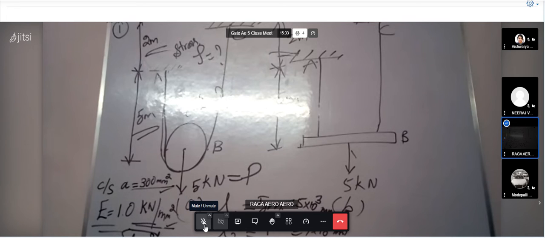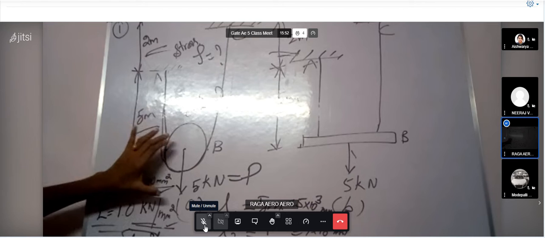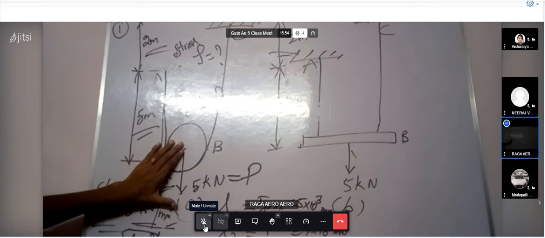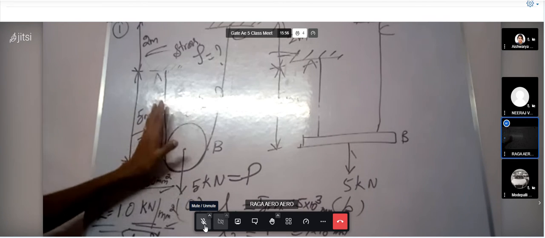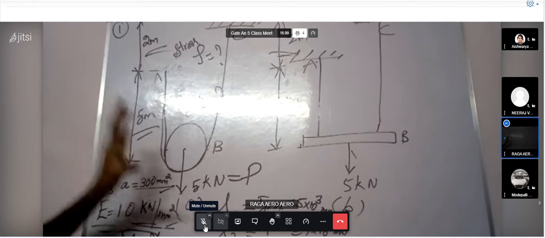So load, here the load is given. What was your load? 5. Okay, so what I told, that is equally shared. Equally shared means that is divided by 2. That entire load is equally shared by these two ropes because this is a smooth pulley.